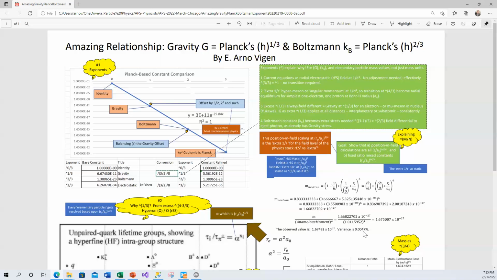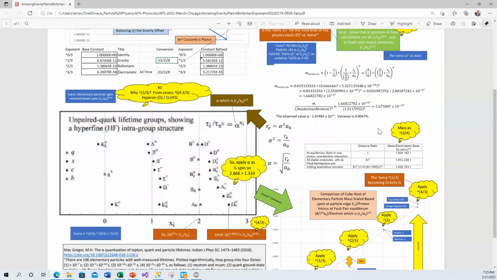That's 5 digits. Similarly, if you take that same ratio using 3/4, because if you're going up, the math sort of has to flip it, and then you apply it at 8/7 for the Pauli pair, because remember, 1/distance cubed to the far side is 2 to the 8th minus 1 to the 8th, because 1's too far away. So you lose that one.